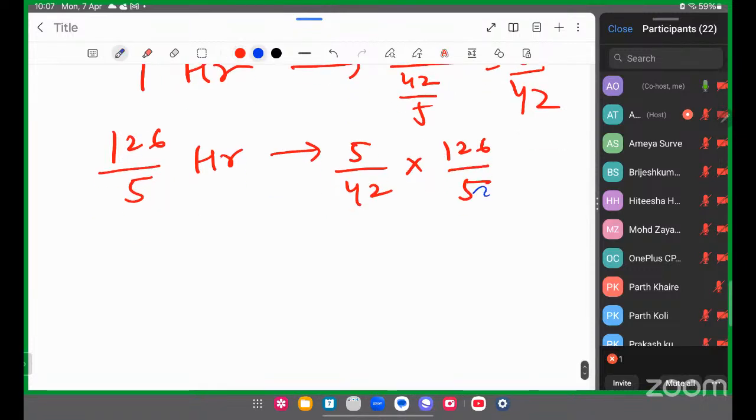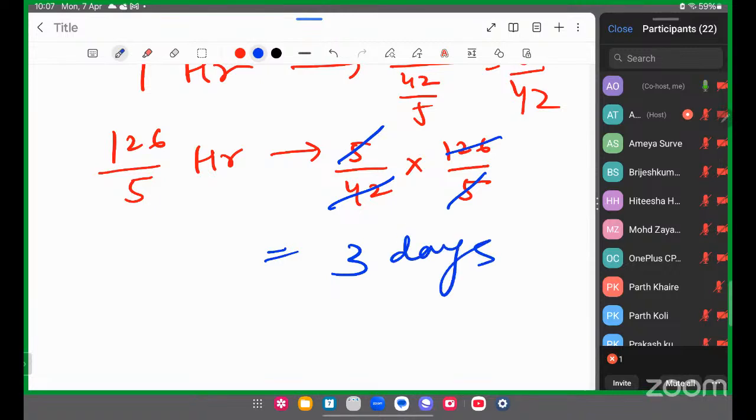The 5 factor will cancel out, and 42 divided by 126 will be how much? 3 days. So 3 days will be taken by A and B to complete the whole work together. Understood or any doubt?